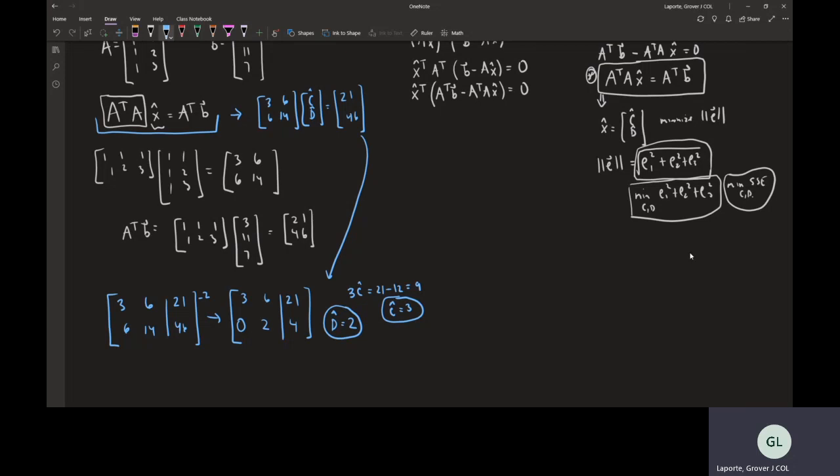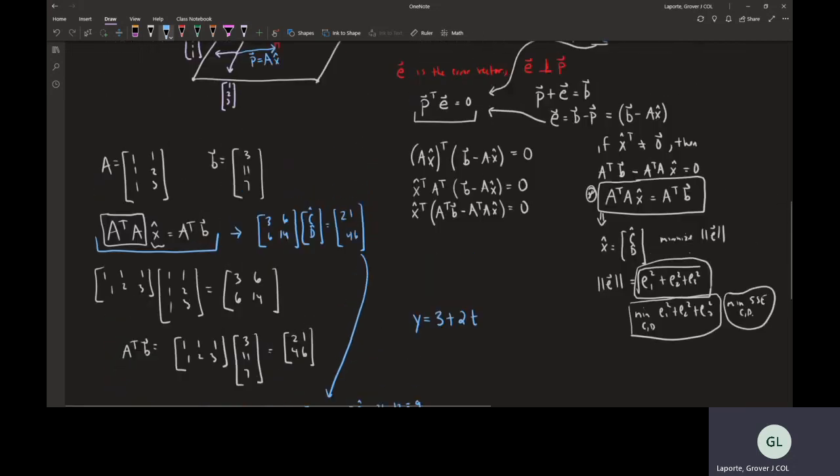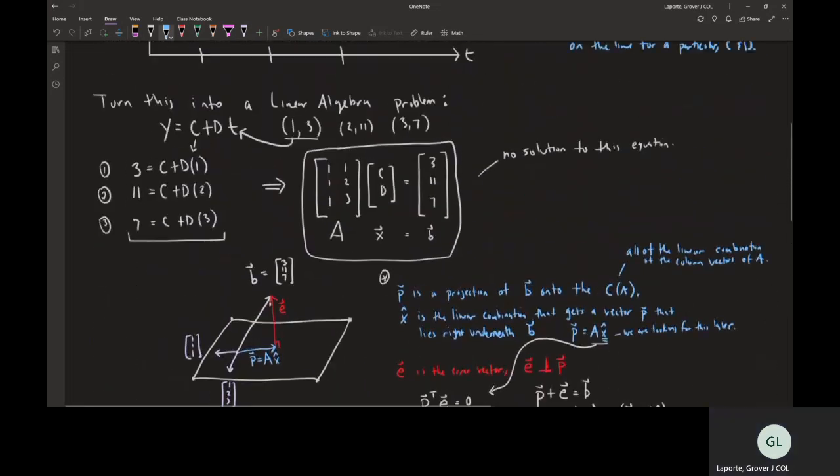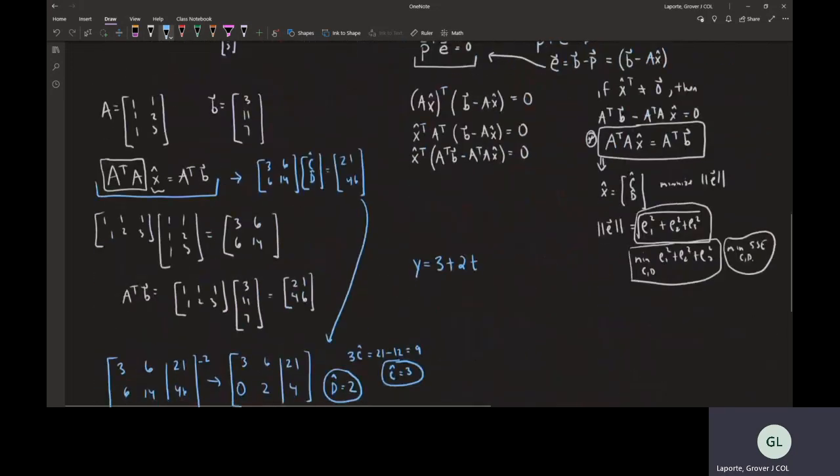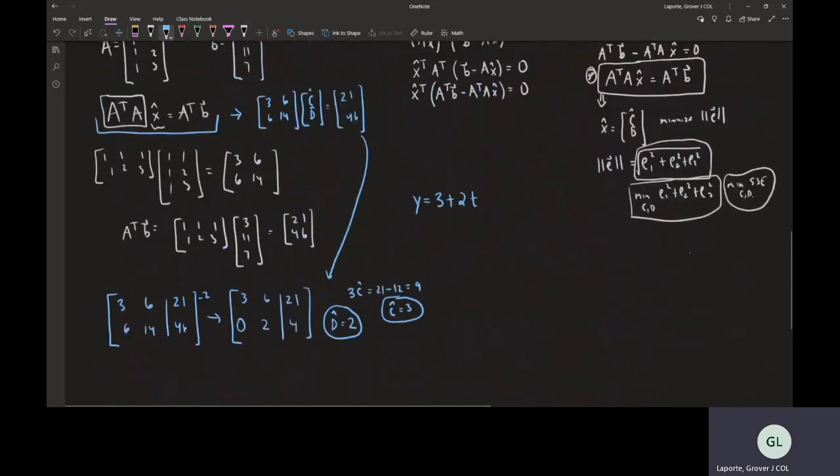So what does that mean about our equation? So that we know y is equal to 3 plus 2t. From above, it was c plus dt, and c hat is 3. So y was equal to c hat plus d hat t.